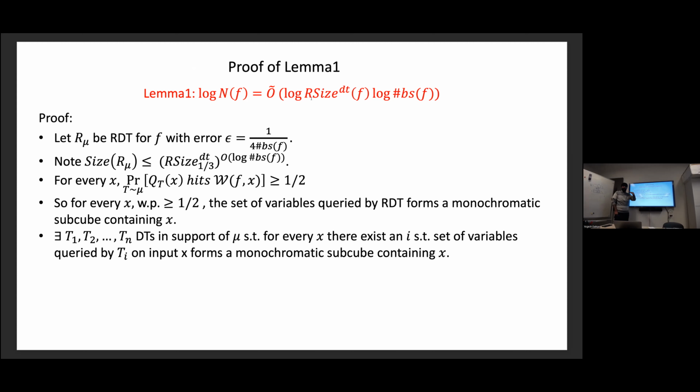So if you look at the leaves of those trees and the subcubes corresponding to those leaves, a subset of them is going to form a cover for my whole space. Right.